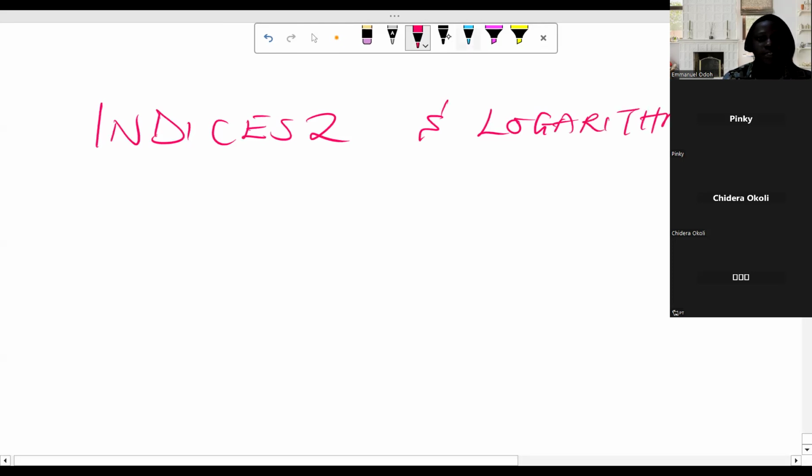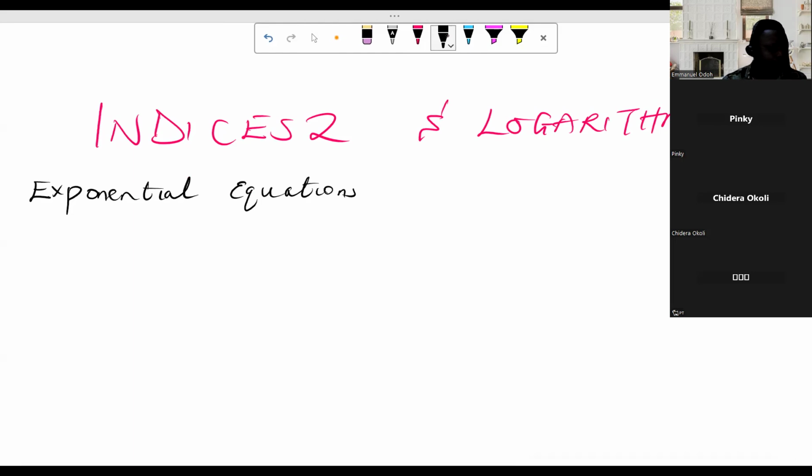So for the indices, we are doing the exponential equation. Know that there are cases where the resulting indices that we have are turned into equations.